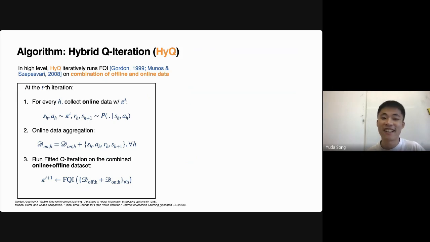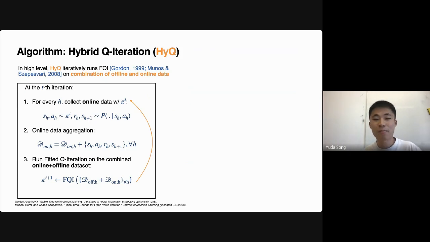And finally, you run fitted Q iteration on the combined online data aggregation plus your offline dataset. And that's it. Fitted Q iteration will return you a new policy, and you will use this new policy as your current policy in the next iteration.